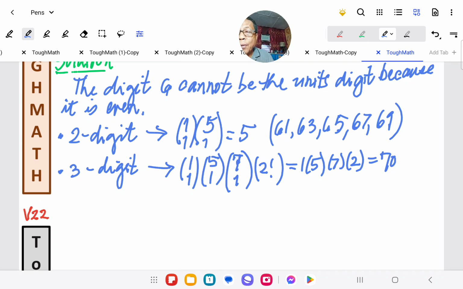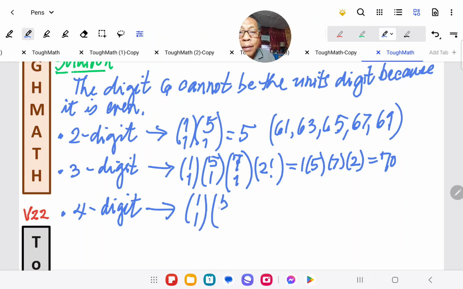Okay, then for the 4-digit case, again we have one choice for the 6, 5 choices for the odd units digit, 7 choices for each of the 2 other digits. So we now have 3 digits to permute, so we multiply this by 3 factorial.